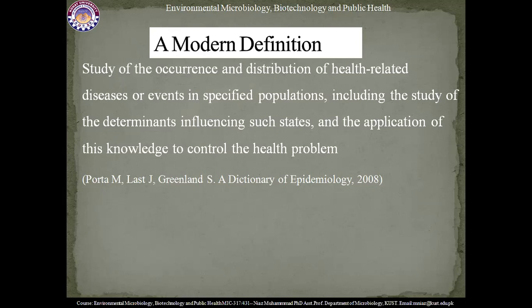So here they have included the health problem or disease, their causative agents, and the environment that supports them, and all the use of this information to control that particular disease. It is the modern definition of epidemiology.